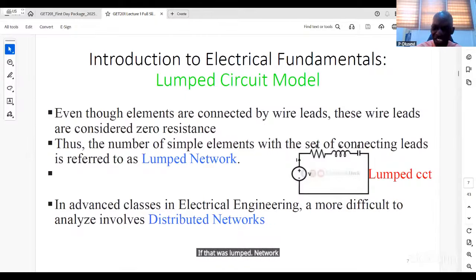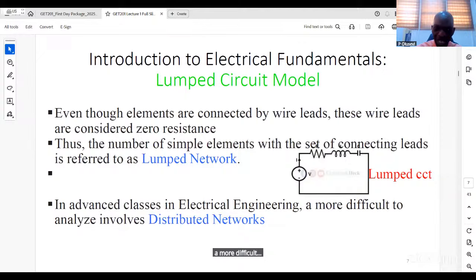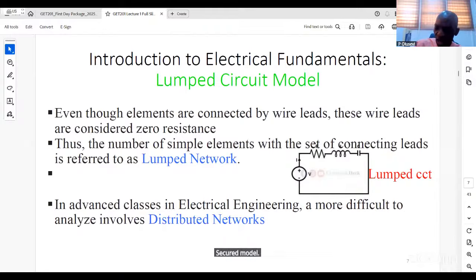In advanced classes in electrical engineering, a more difficult way to analyze involves distributed networks. But at your level, we deal with lumped networks. That's why we have what we call the lumped circuit model, a circuit model that we take as being lumped together.